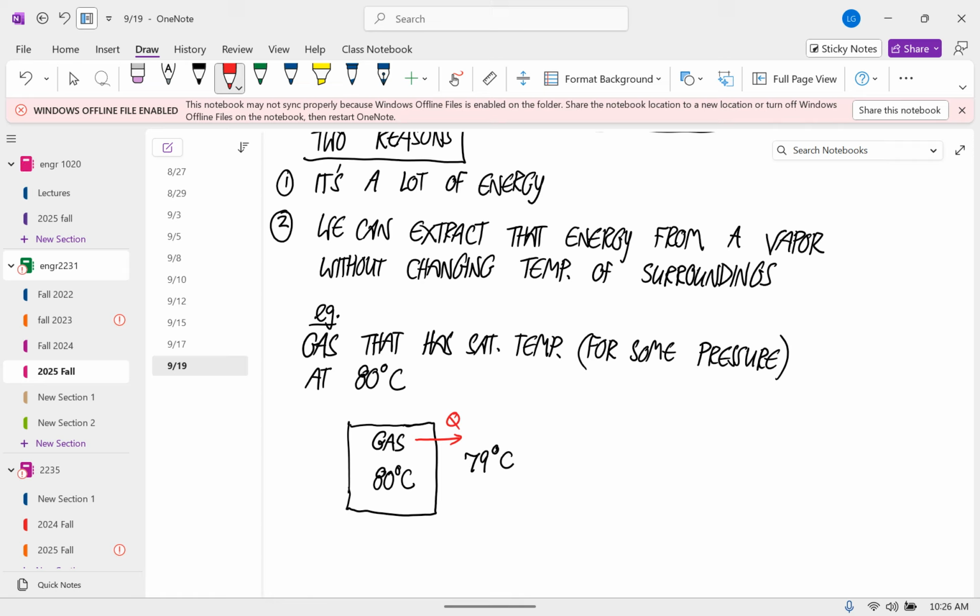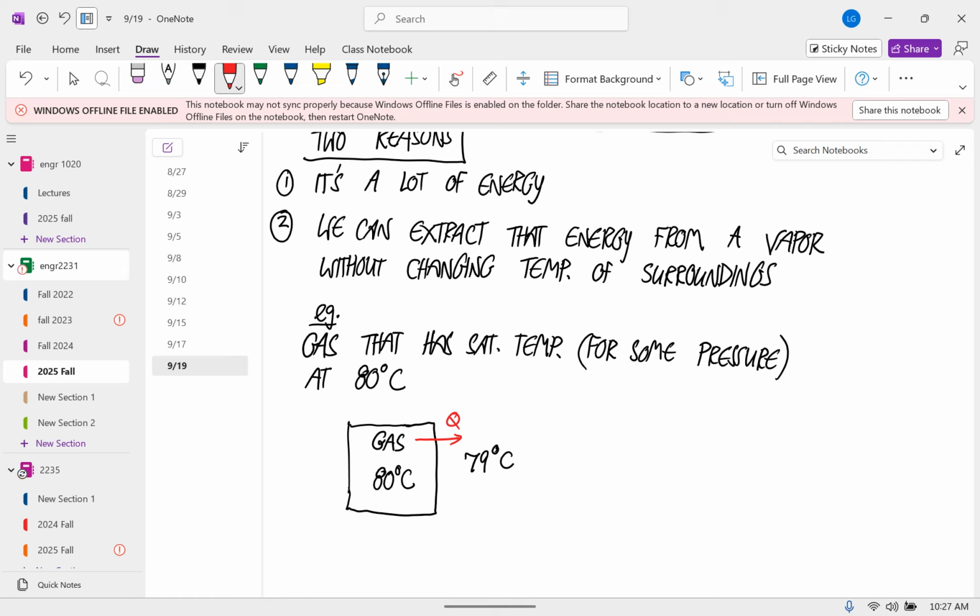And now heat transfer is really slow. Eventually it would get to 79 degrees Celsius and then all heat transfer would stop. There's no way to extract that energy if your gas temperature is going down as heat transfers. But if you're doing it during saturation, the temperature doesn't change. Are you with me on that?